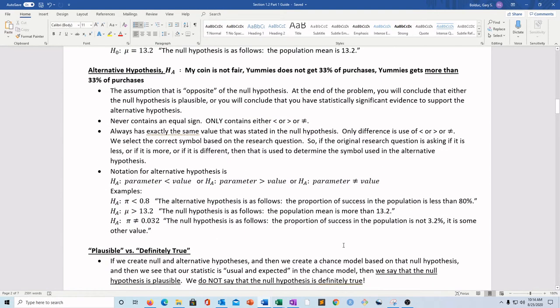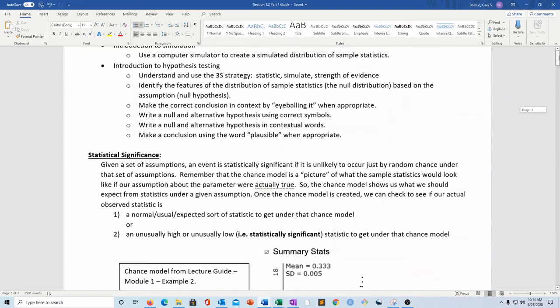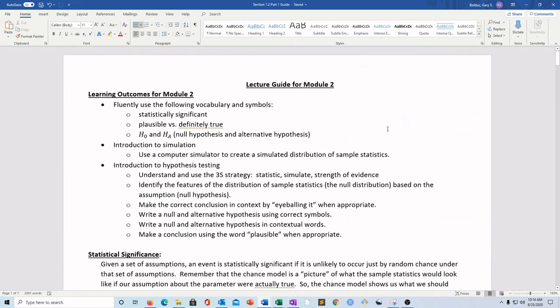Okay, so it's really important that at this point, while we're learning these new things, you go back and connect back to what you're comfortable with. If you liked Buzz and Doris, if you liked the Yummies example, if you liked the coin, the die, hold on to your favorite one of those examples, and then take that example and everything you understood about it, and now try to apply these new terms.